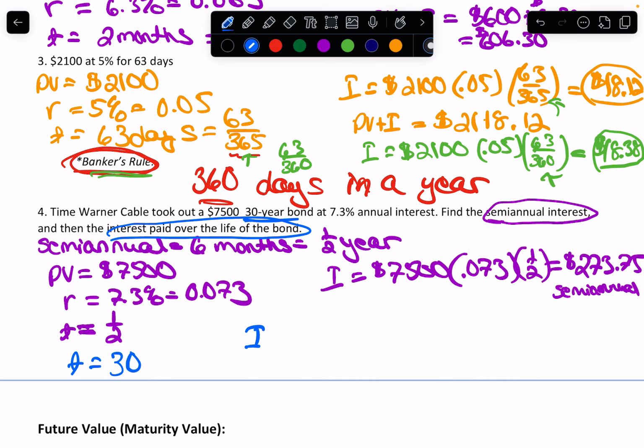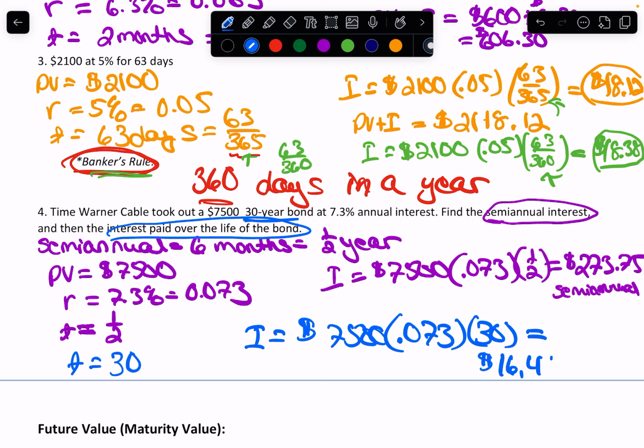So our interest is going to be $7,500 times 0.073 times 30, and that's going to be $16,425. So what is that? That is the interest paid over the life of the bond, so over the 30 years. So over $16,000.